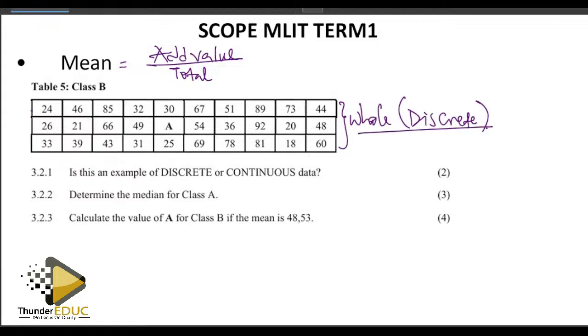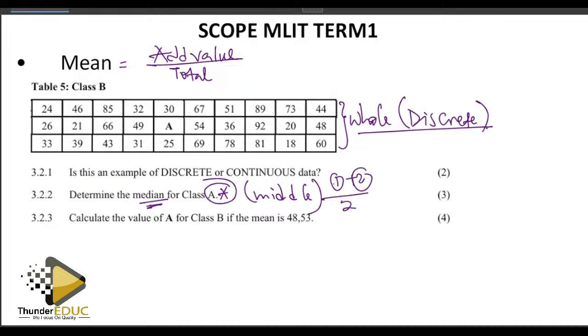If at all there were commas, then it would have been continuous. Now they're telling us, determine the median of class A. Sorry, we didn't have class A here. It's fine, but you know very well that the median will be the middle value. Now, if you're left with two numbers in between, you add them, you divide by 2. But if you're left with only one number, that would be the answer.